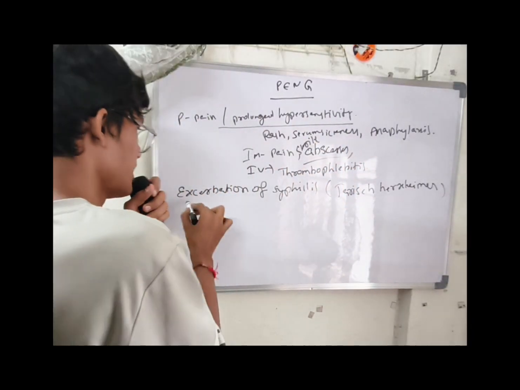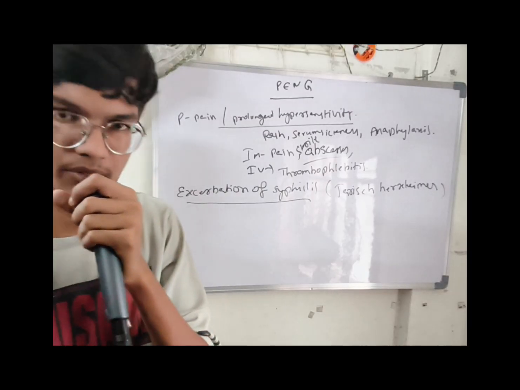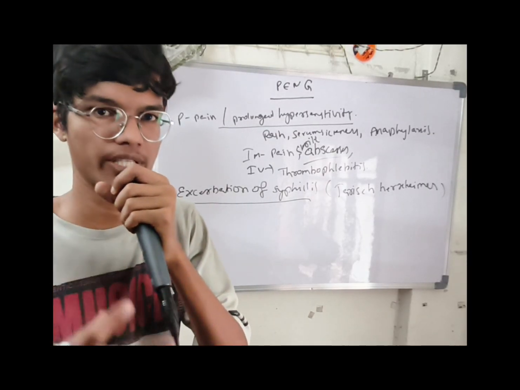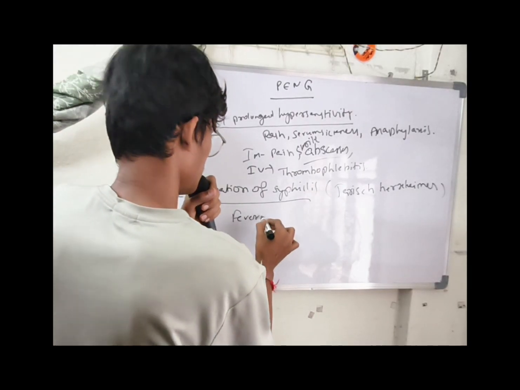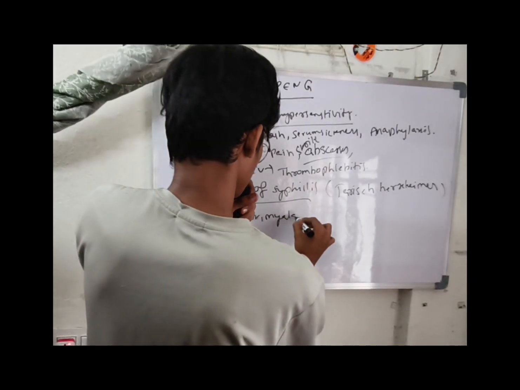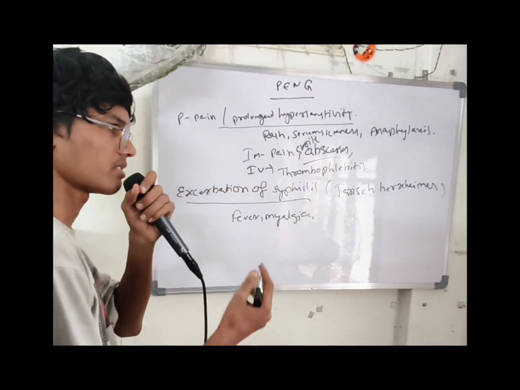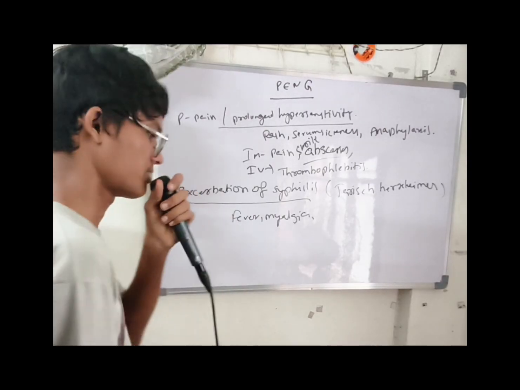What happens? Due to rapid killing of Treponema pallidum spirochetes, there will be release of the spirochete granules. So there might be fever and myalgia. So it is called exacerbation of syphilis or Jarisch-Herxheimer reaction. It is an adverse drug reaction of penicillin G.